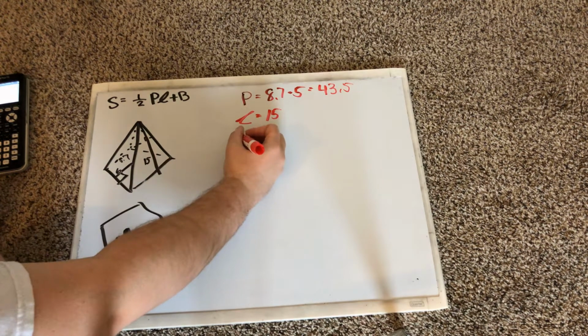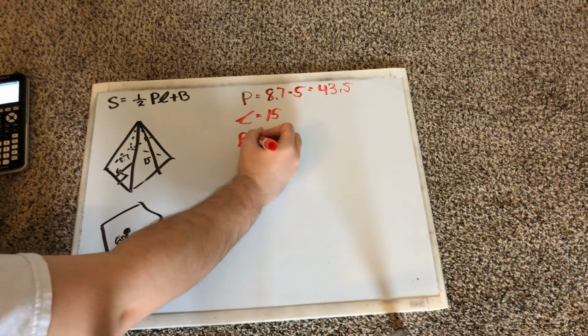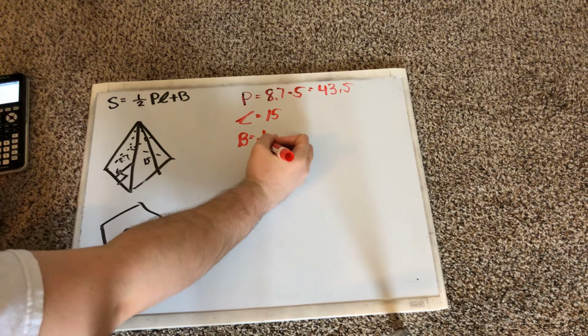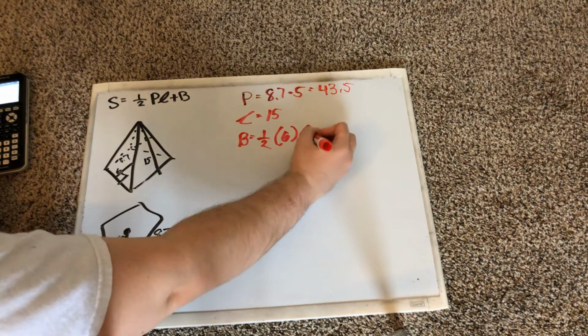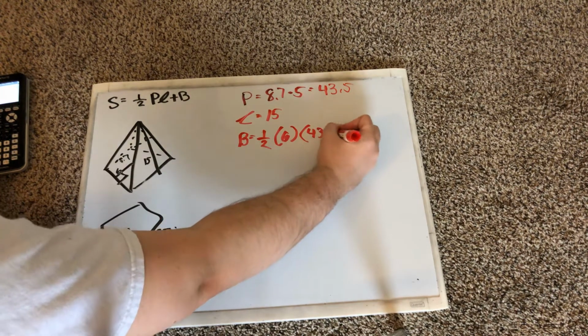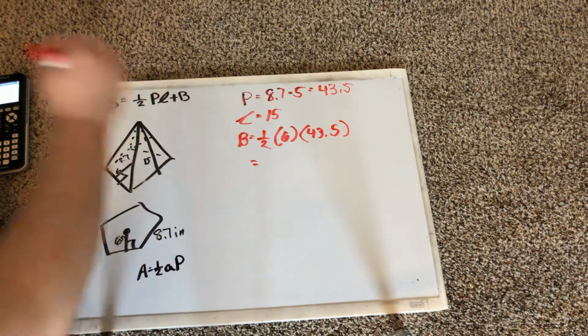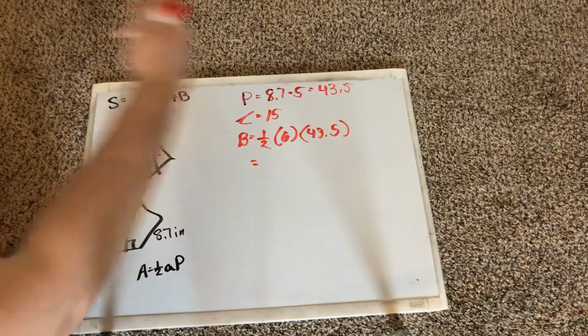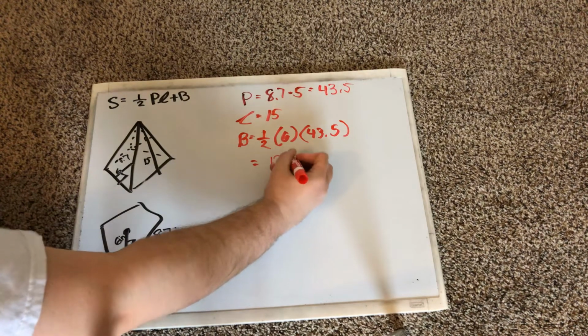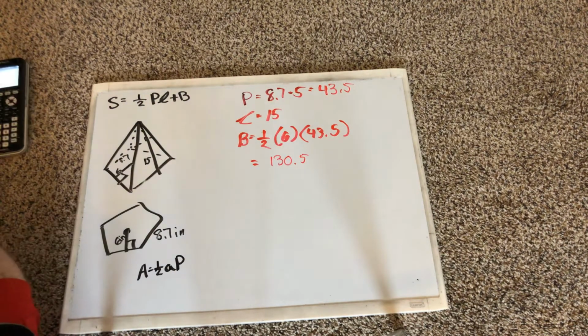The area of the base is 1/2 times the apothem, which is 6, times the perimeter of the base, 43.5. So quick maths. That's 3 times 43.5, 130.5. Cool.